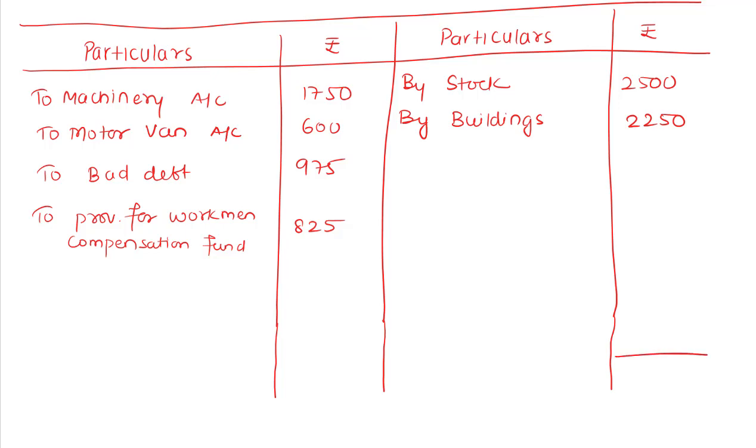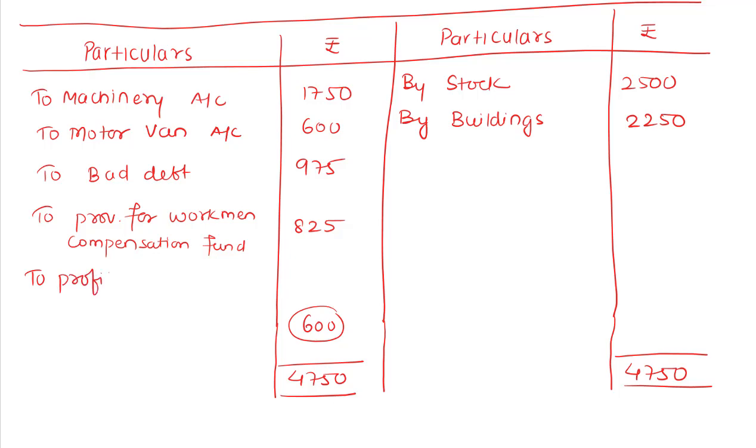Calculate profit: 4,750, 600 balancing figure.